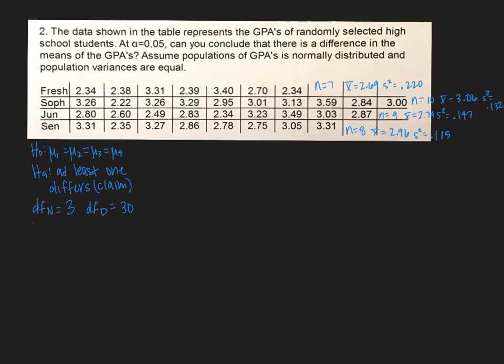So when we look up our critical value, 0.05 over to 3 down to 30, 2.92. So we want to be greater than that. When we find our grand mean, the sum of all of those GPAs is 98.77 divided by 34 gives us 2.905.